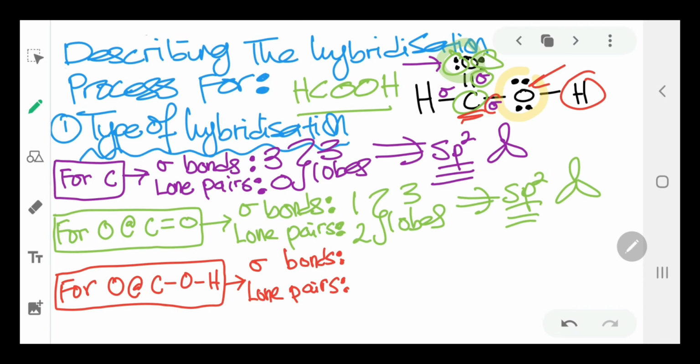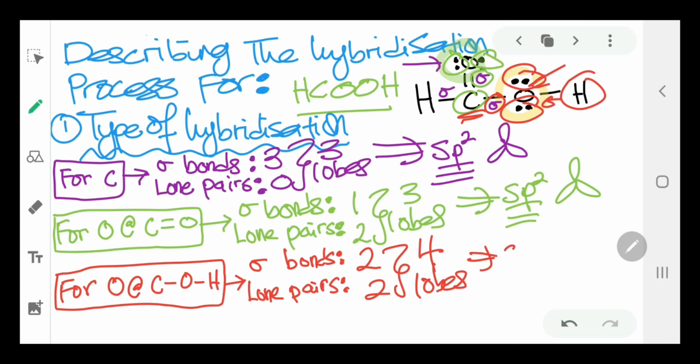So it has 1 sigma bond, 2 sigma bonds, and then 2 lone pairs, making that 4 lobes. So 4 lobes is sp3 hybrid orbitals. The sp3 hybrid orbital shape is like that.